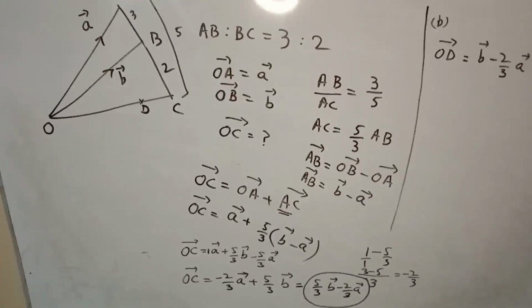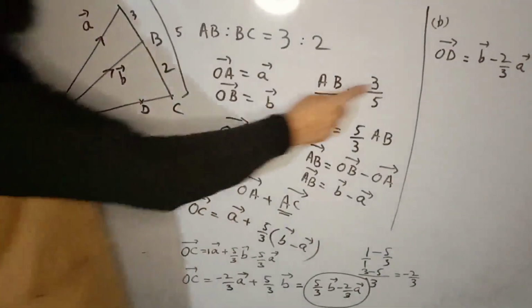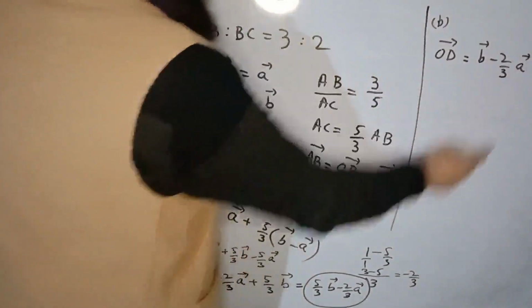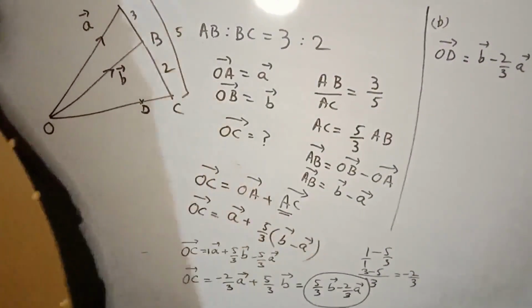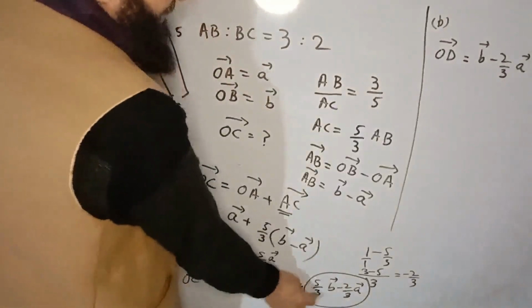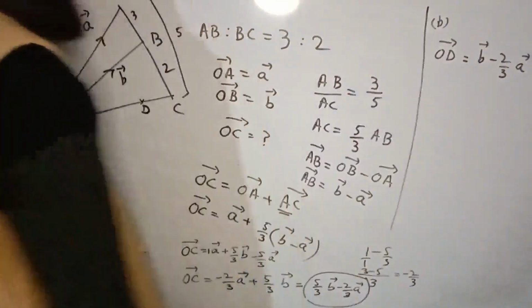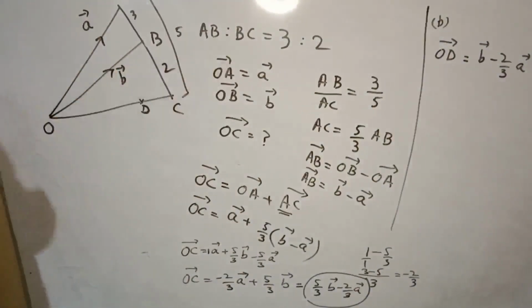Next is part B. D is a point on OC such that OD is equal to B minus 2 over 3A. We have just found that OC is 5 over 3B minus 2 over 3A. It means this is bigger than this because 5 over 3 is bigger than 1. So this is B, which is 1 here. So it means D is somewhere here, somewhere on this line.